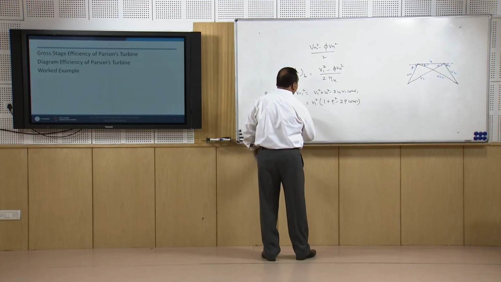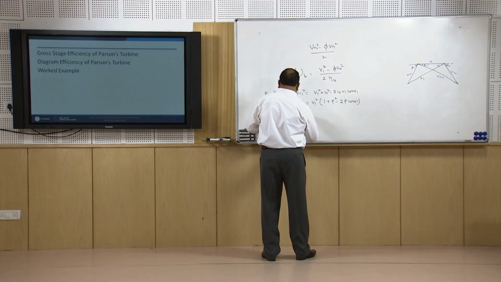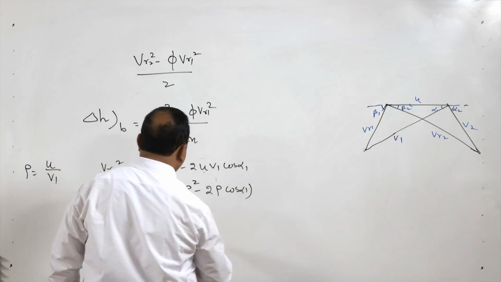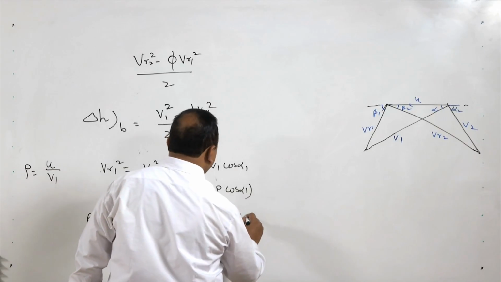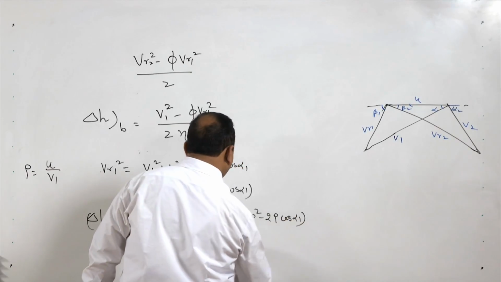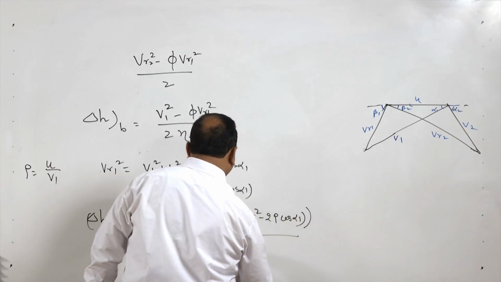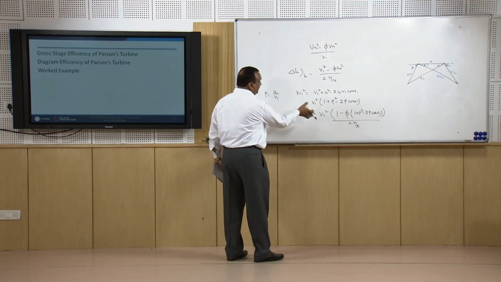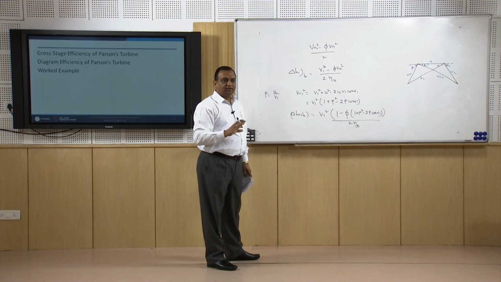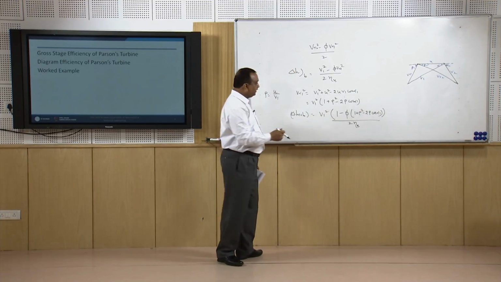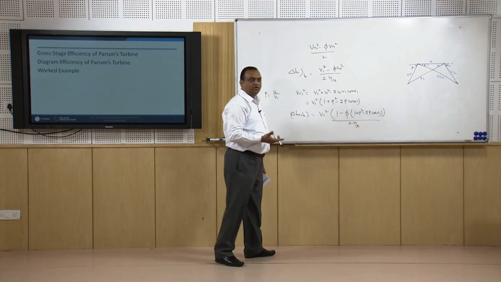So, delta H in blades is V1 square, and we will put the value here, 1 minus phi times 1 plus rho square minus 2 rho cos alpha 1, divided by 2 times efficiency of the nozzle. This is the enthalpy drop in the blades, and the same is the enthalpy drop in nozzles. We multiply this by 2, we will get the enthalpy drop in a stage.